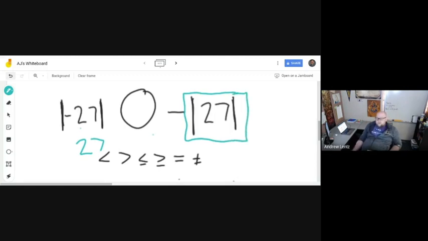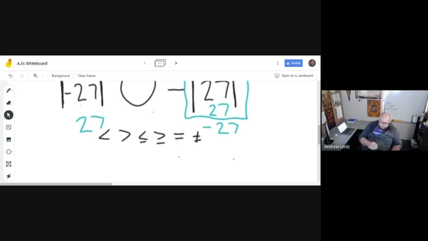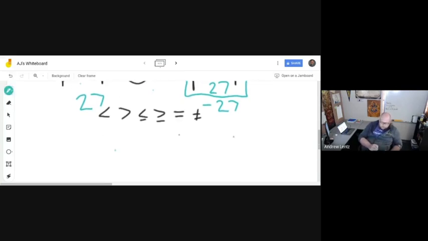What is 27's absolute value, class? Absolute value of 27 is 27, right? So I've solved the brackets, but now I still have the negative sign. So what is the opposite of 27? Well, it's negative 27.